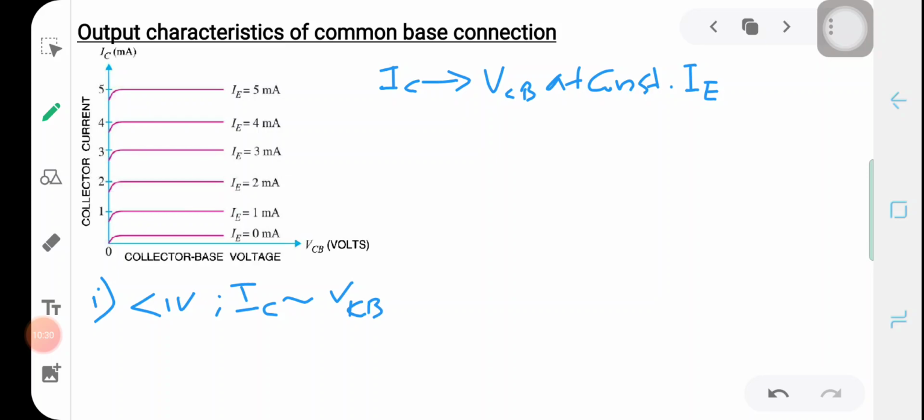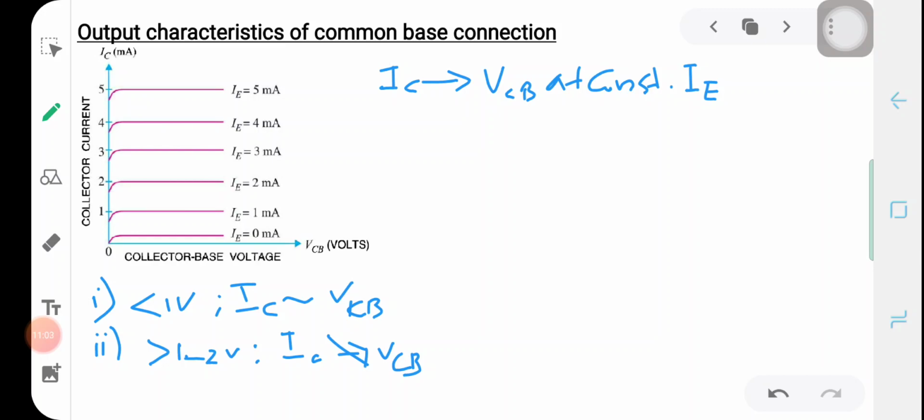Beyond that value, that is if the collector base voltage is greater than 1 to 2 volts, the IC does not have any dependence on the collector base voltage. The collector current is almost constant for any values of collector base voltage.